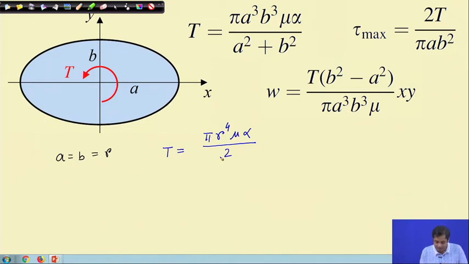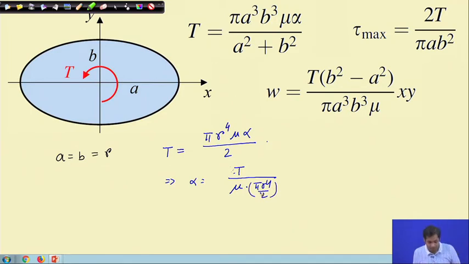Then alpha will be 2T divided by mu into pi r to the power 4. Okay. This is the expression for alpha.